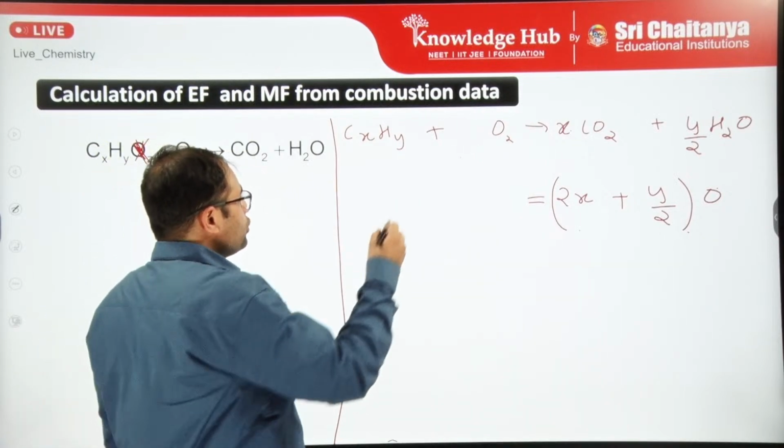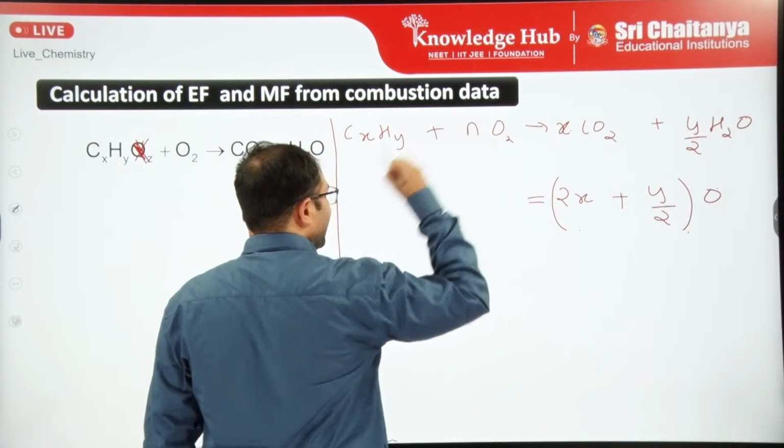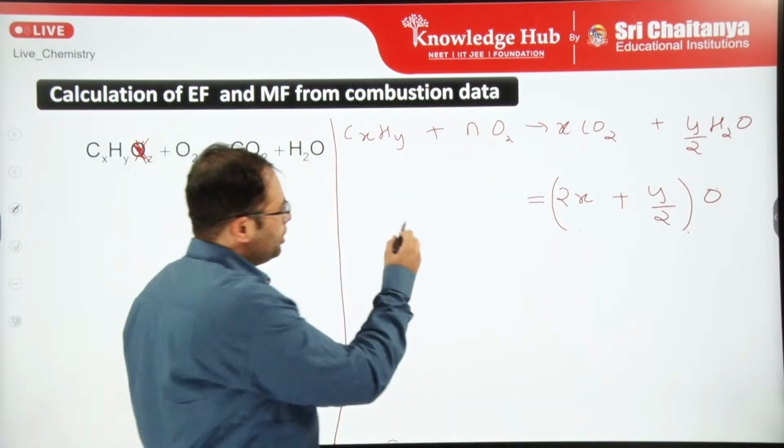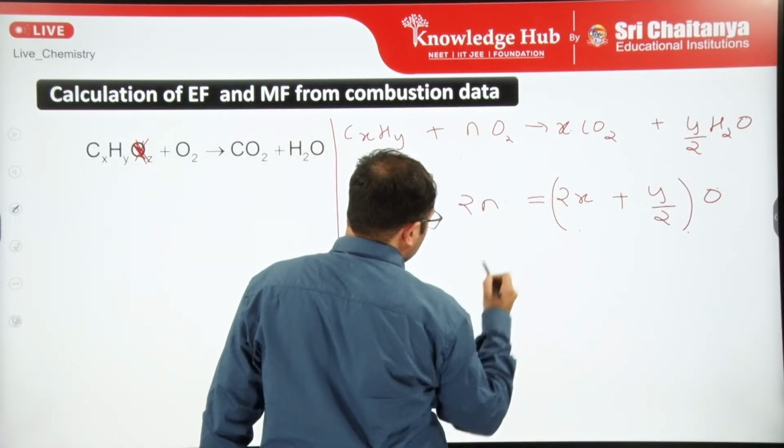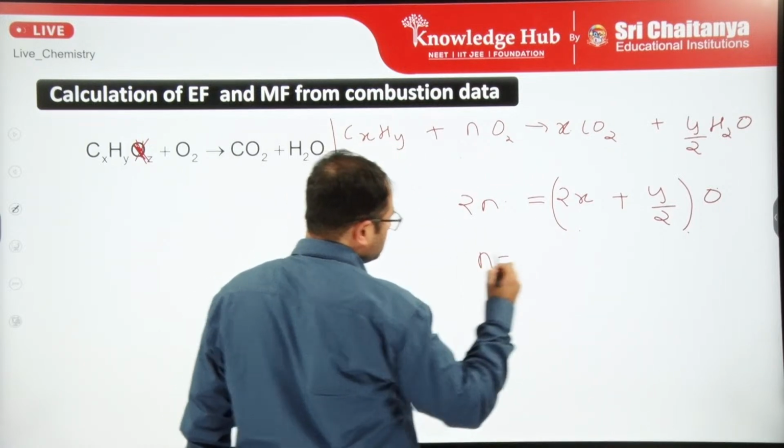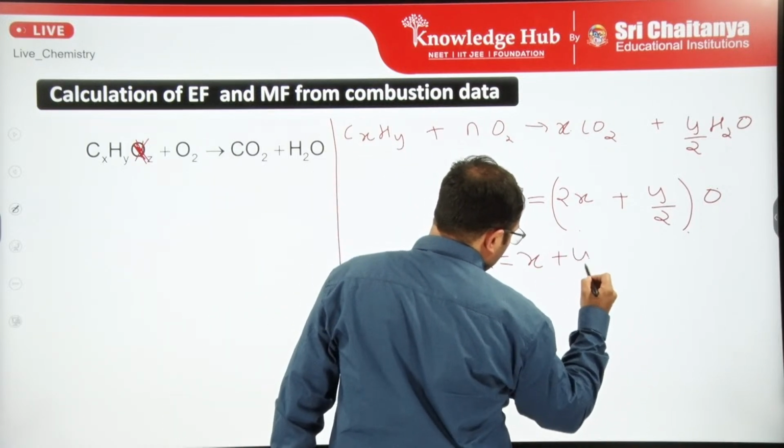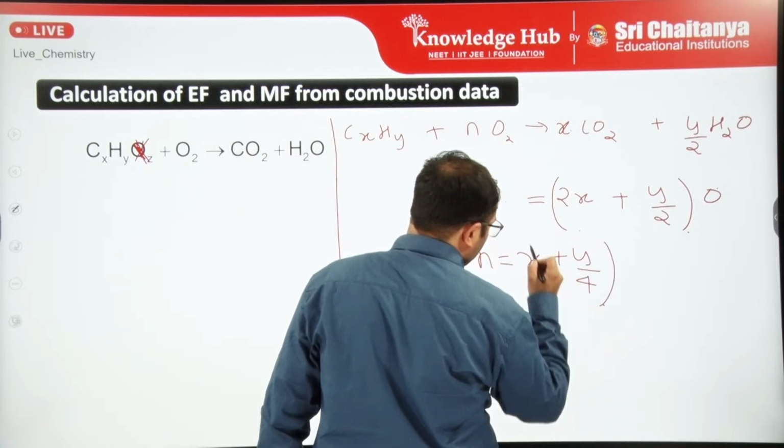Now suppose I put this coefficient as n. So how many oxygen atoms here? 2n. So the value of n will be x plus y by 4.